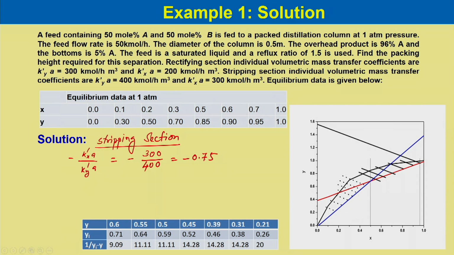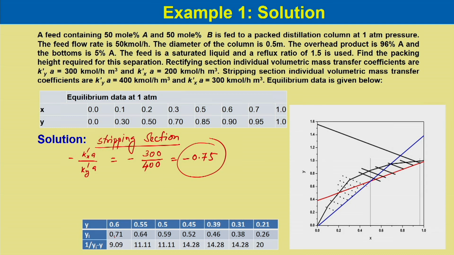So, similar to the rectifying section, from the operating line we can draw several lines with this slope of minus 0.75 and we can obtain this table.